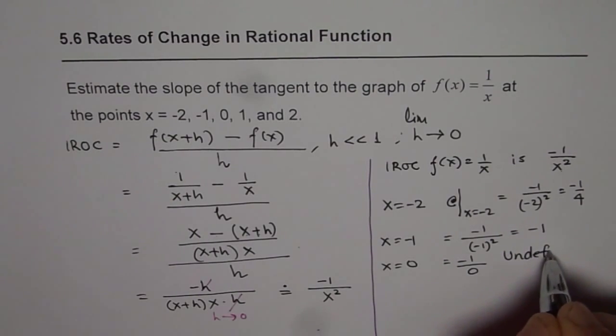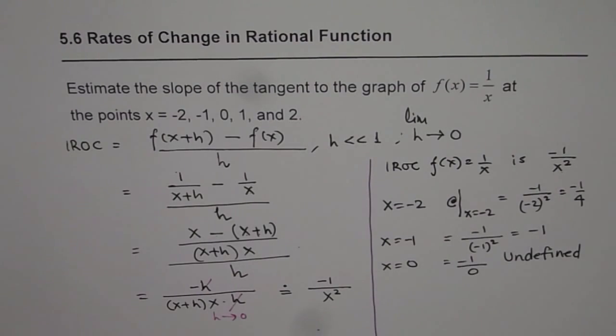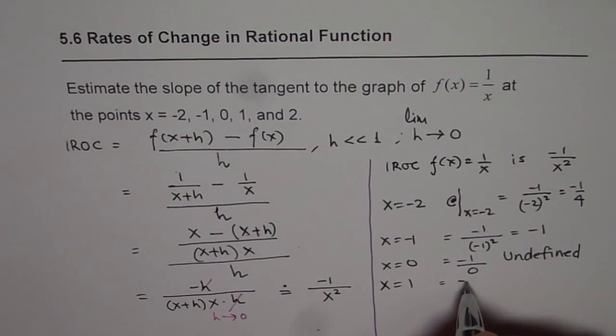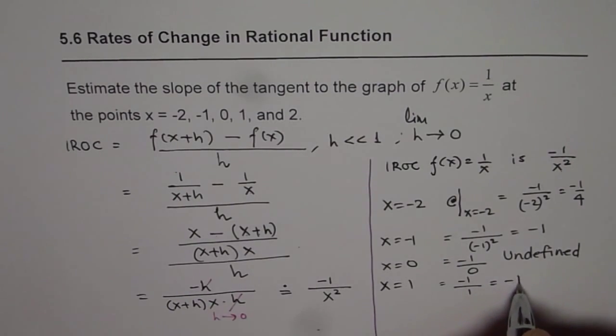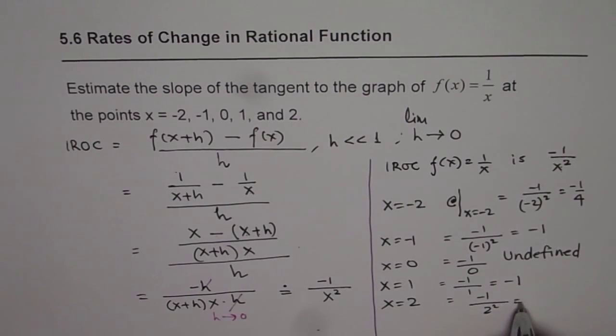That was expected since we have a vertical asymptote at x equals 0. Now at x equals 1, I get -1 over 1, which is -1. And at x equals 2, I get -1 over 2 squared, which is -1 over 4.